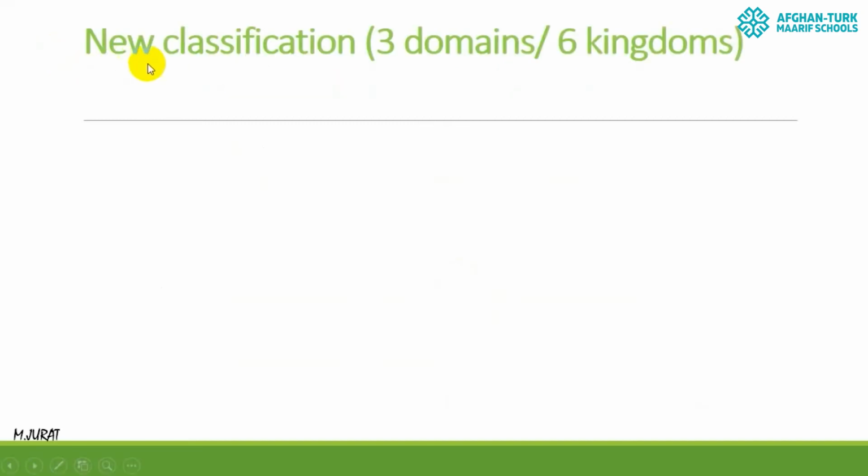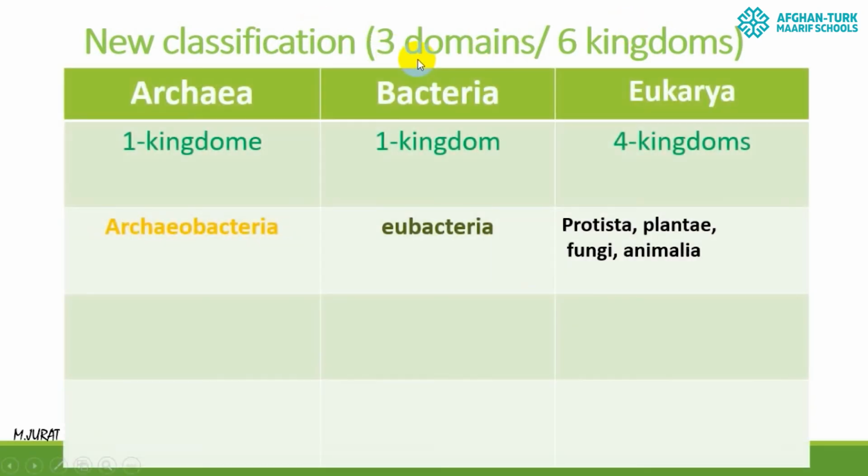In the new classification we have 3 domains and 6 kingdoms. If you remember about domains, we said that domain is the broadest unit of the hierarchy, and it may contain 1 or more kingdoms. According to the new classification there are 3 domains: archaea, bacteria, and eukarya.